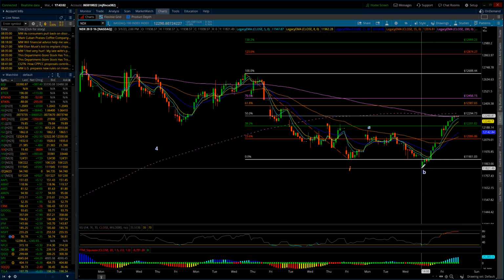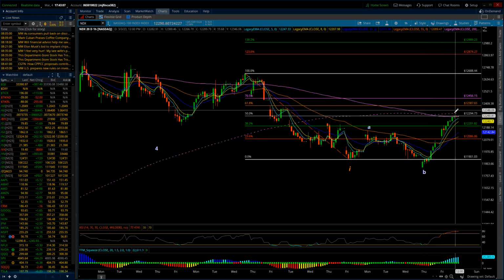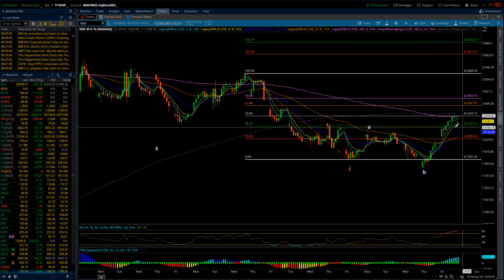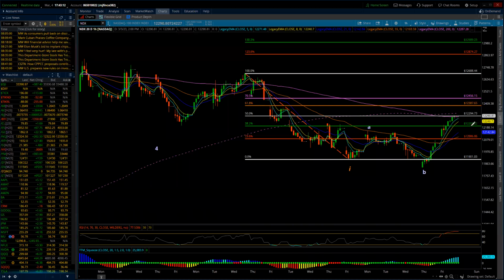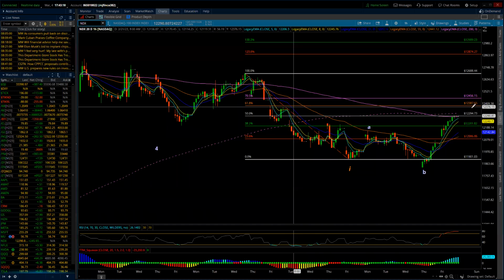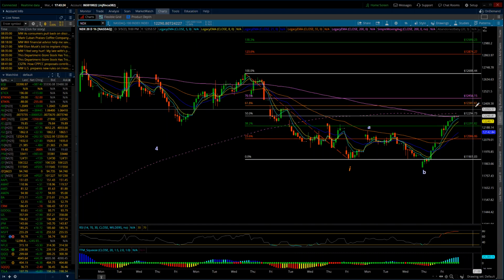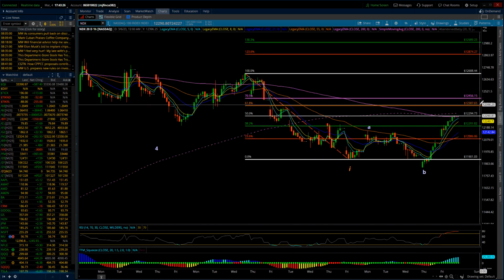Now, that would suggest that what we have here is, again, 1, 2, and this is only wave 3. We get a small 4, maybe back to 12,200, maybe. We always get a little bit bigger move here, price-wise, from the NASDAQ. And then we run up again, and the market makes its way to 12,387.